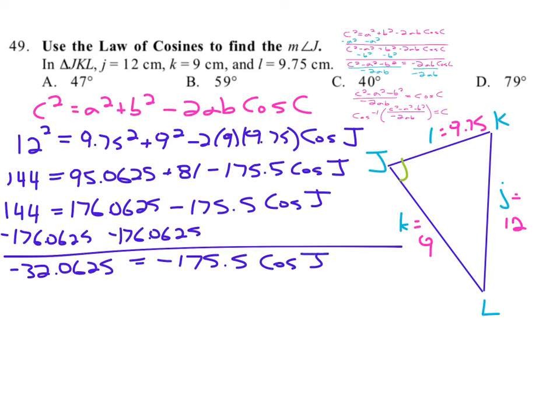And what should we do now? We should divide both sides by negative 175.5.